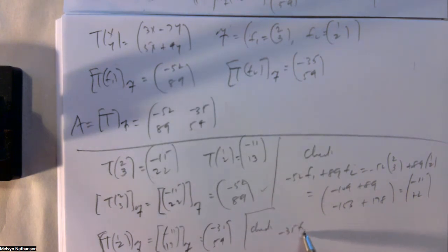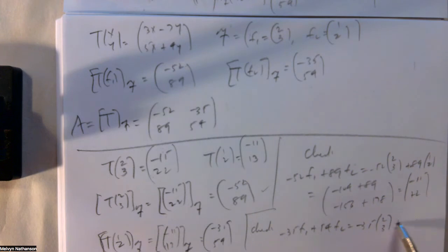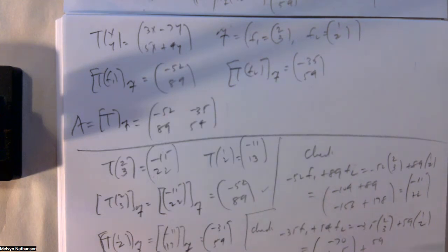Minus 35 f1 plus 54 f2 is minus 35 times the vector (2, 3) plus 54 times the vector (1, 2). This is minus 70 plus 54, and minus 105 plus 118.